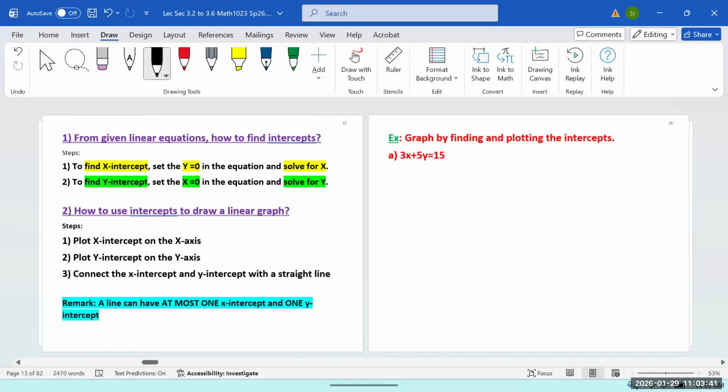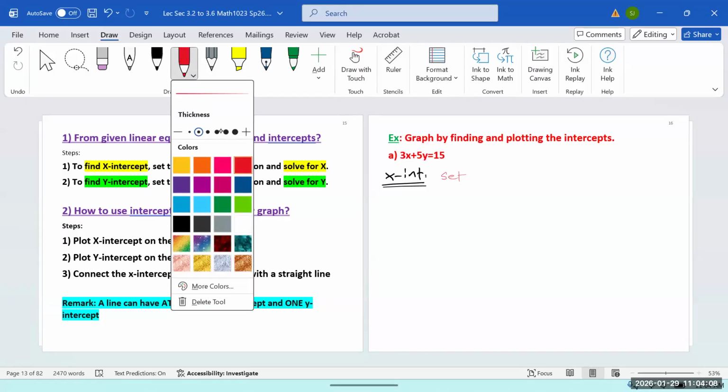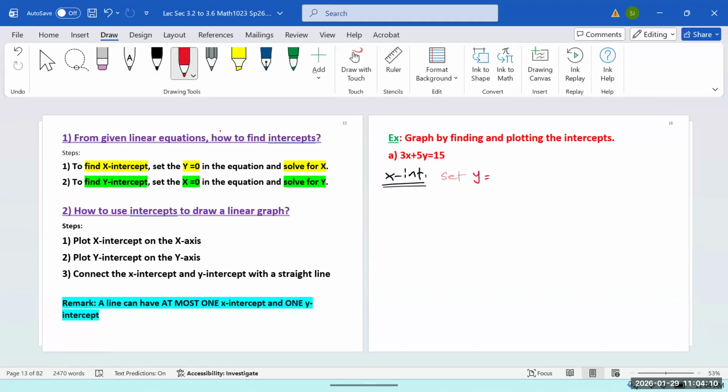So let's do an example. We have 3x plus 5y equals 15. It says find your x and y intercepts and use them to graph the line. First, let's do the x-intercept. To find the x-intercept, we are going to set y to be 0 and then solve for x.